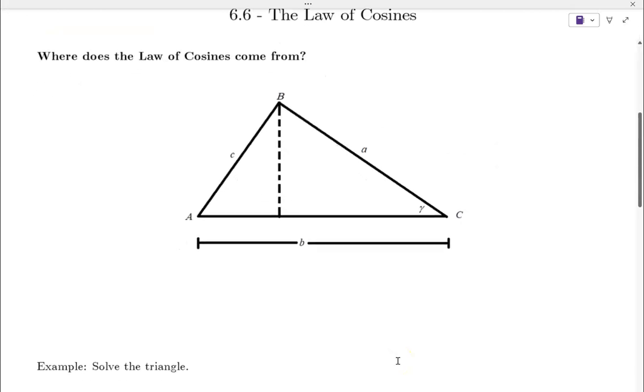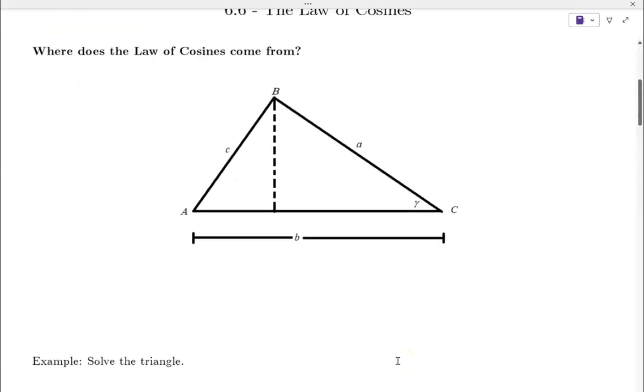All right. So let's take a minute or two to talk about where the law of cosines comes from. To get the law of cosines, let's say we have all four pieces of information that are labeled on here: the three sides and the included angle.